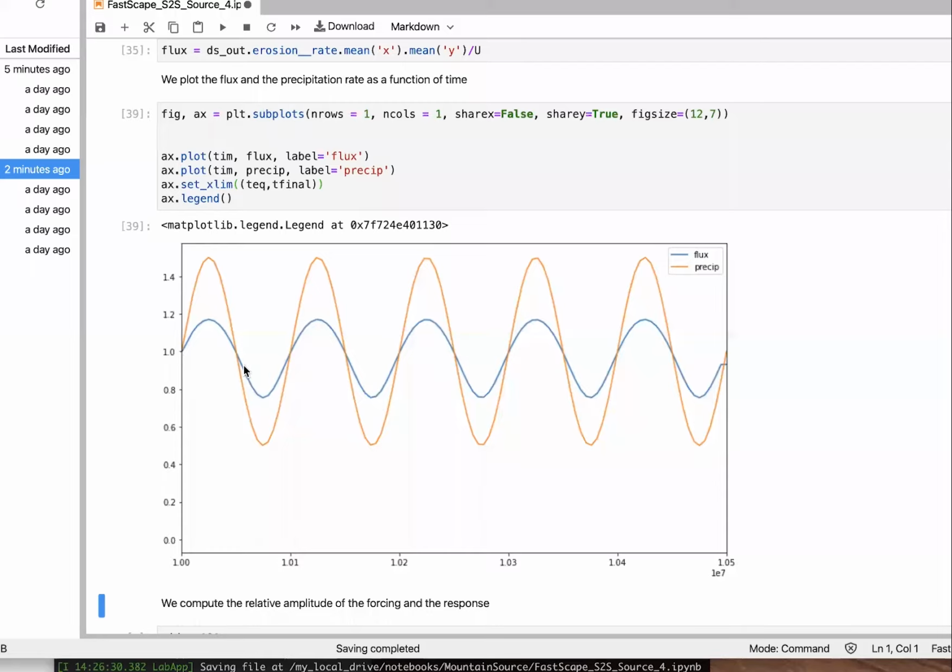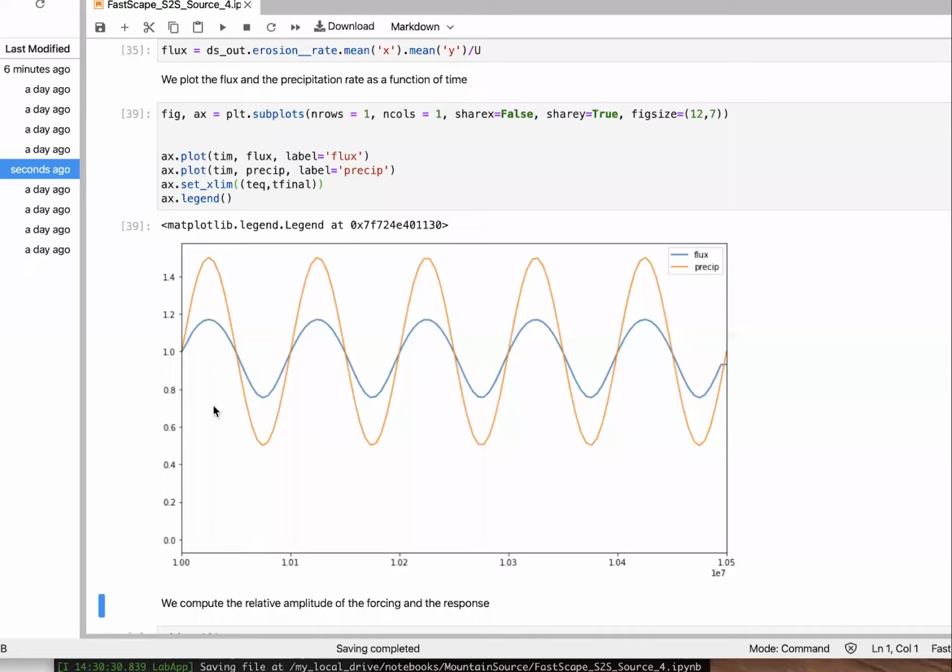We have a mean precipitation of 1, and I have imposed variations that have an amplitude between 0.5 and 1.5. So let's say my amplitude is 50%. Let's look at the flux response. It's smaller, okay? It's less than half the input signal.